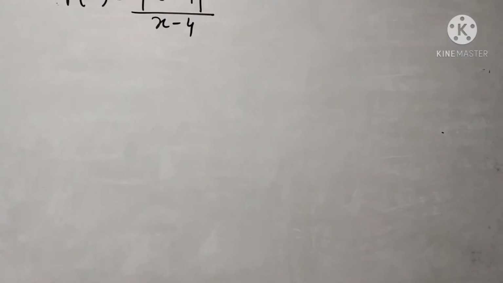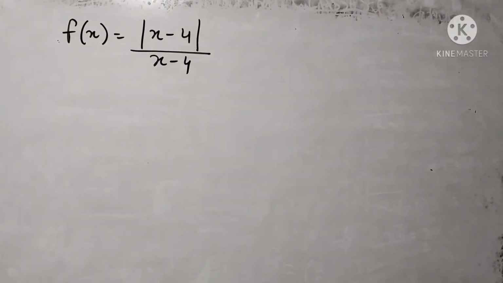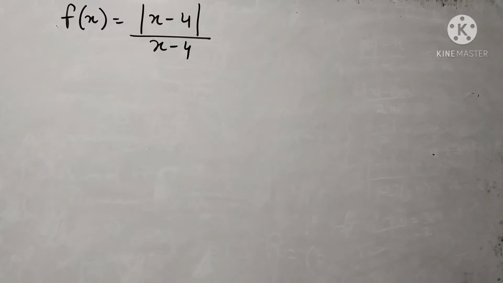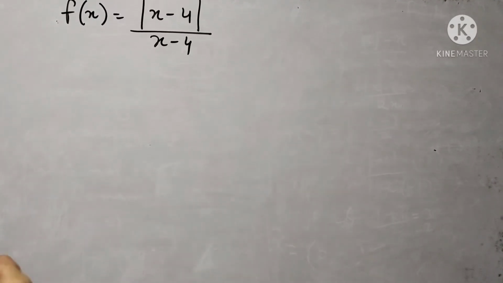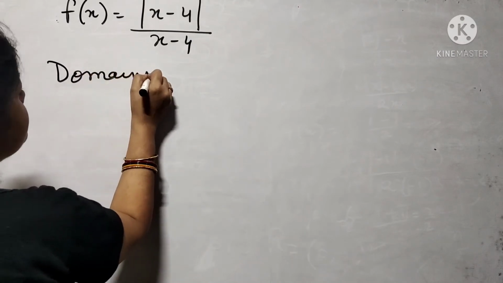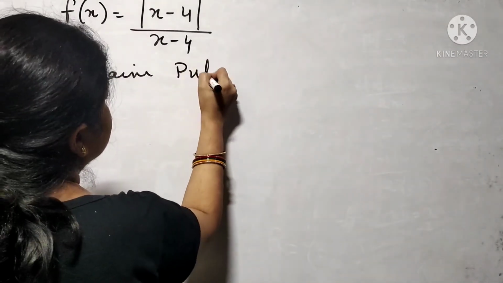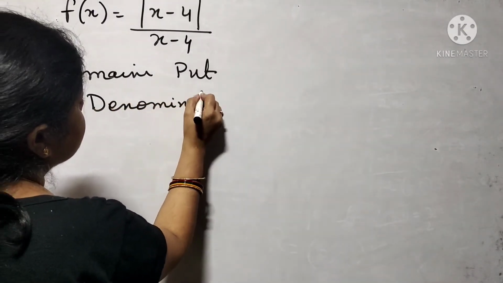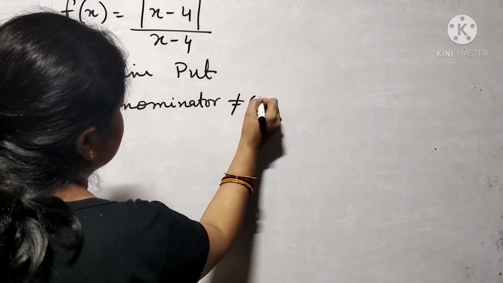Similarly, if we have to find the domain and range of this function, mod of x minus 4 upon x minus 4, how will we find it? In order to find the domain, put the denominator not equal to 0.